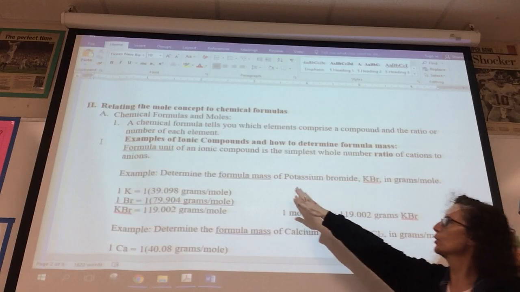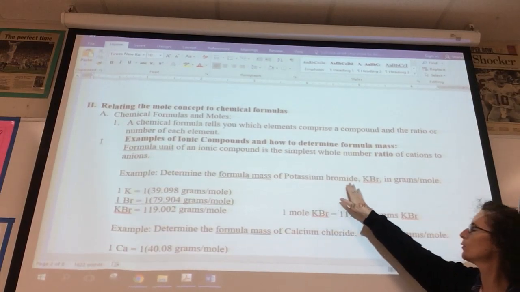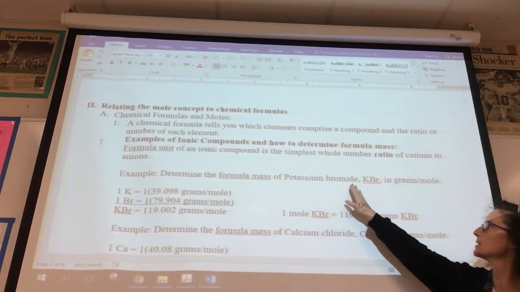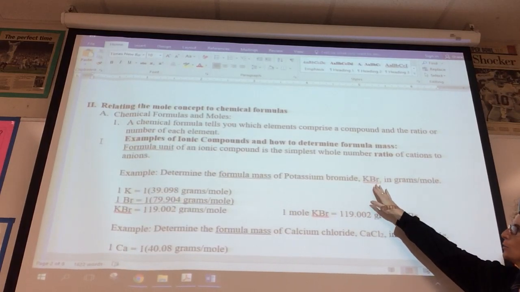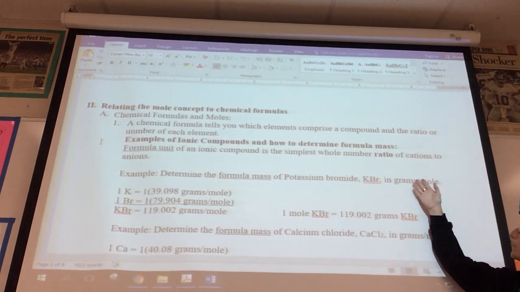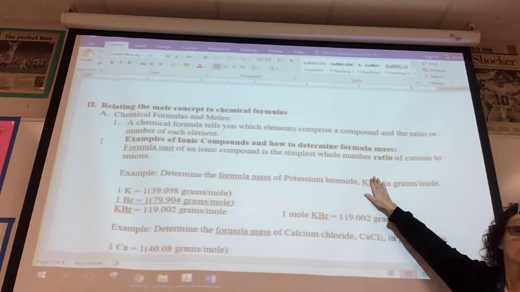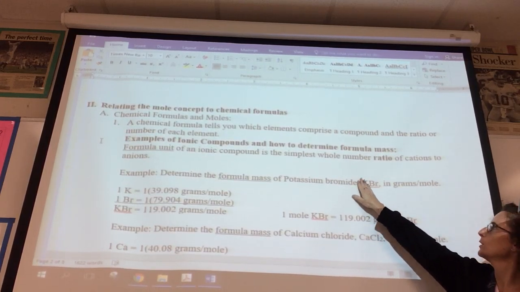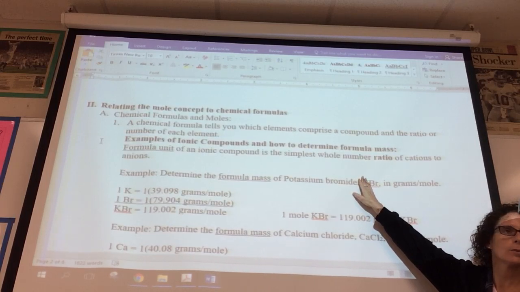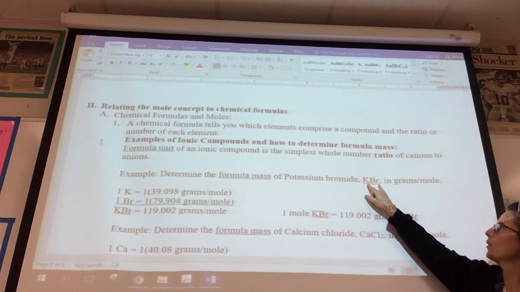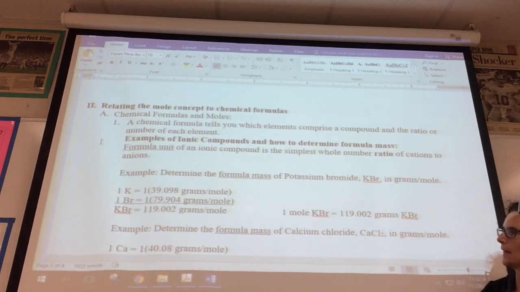If you want to determine the formula mass for an ionic compound such as potassium bromide, you can do so very simply in grams per mole. We know how to get the molar mass of potassium off the periodic table. We know how to get the molar mass of bromine off the periodic table. So all we have to do is get both of them and add them together.